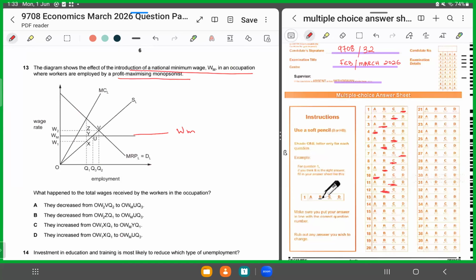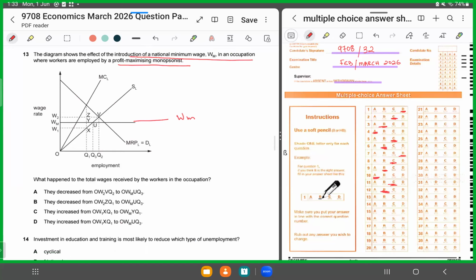So now first we'll see what the initial situation was. Initially we were at OW1 times Q1, right? We were here.